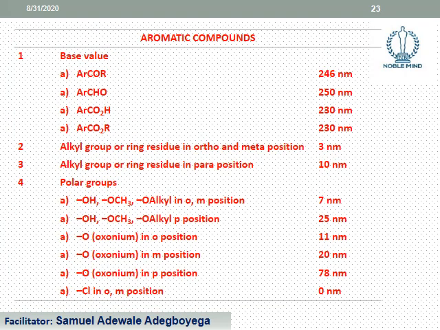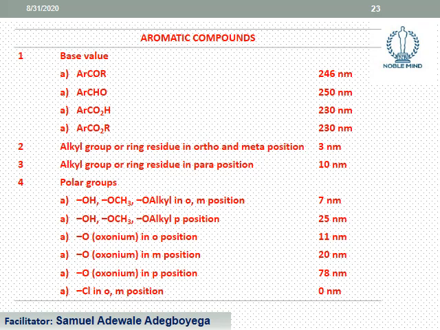Page 23, it continues. So you can take your time to look at those values, base values for aromatic compounds and other contributions that could be made by alkyl groups, maybe in ortho, meta or para position.